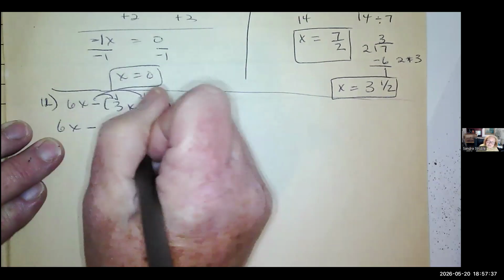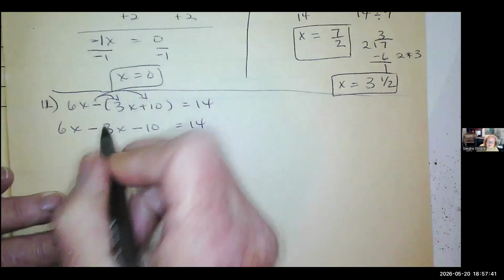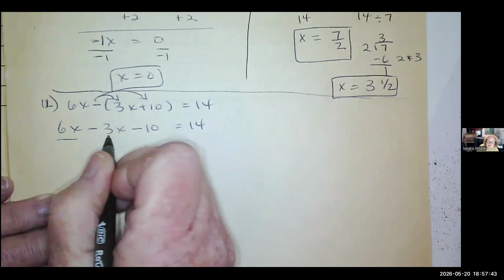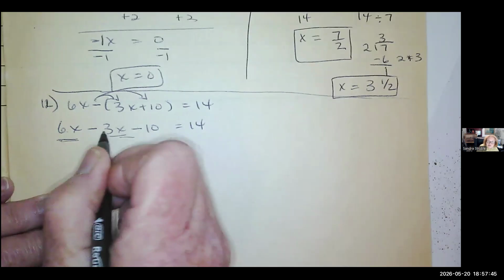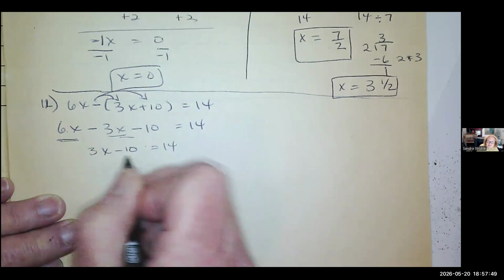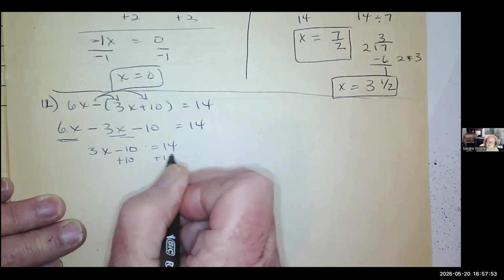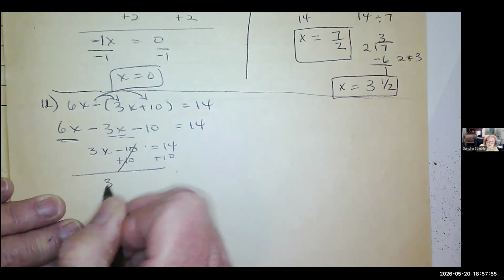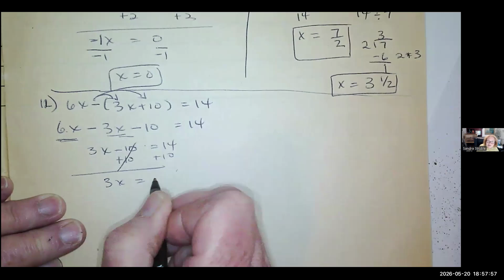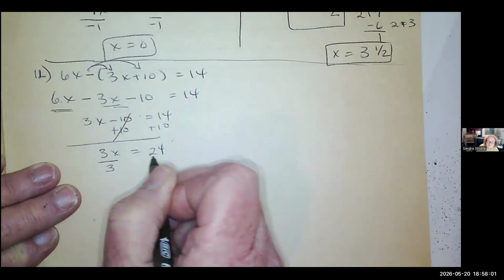Let's get our constants on one side, but first we need to combine these two. 6 minus 3 is 3x. Now we can move the 10 to the other side. It's negative, so I need to add 10 to both sides. So it goes away. 14 plus 10 is 24. 3 is multiplied to x. So we're going to divide both sides by 3. And x is equal to 8.